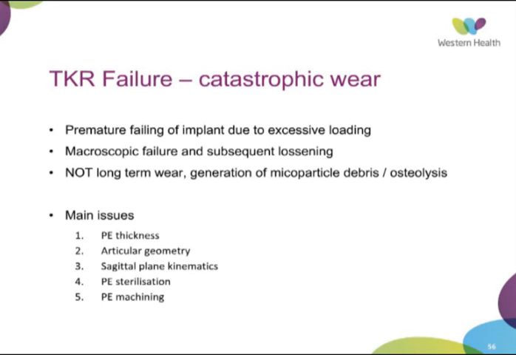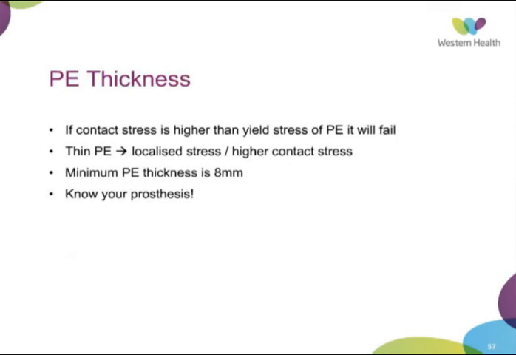And there's a few things that relate to this: the thickness of the polyethylene, the geometry of our articulation, sagittal plane kinematics, as well as in preparing the polyethylene, the sterilising and machining techniques. Very quickly, if our polyethylene is a lot smaller, if its thickness is quite low, then it's going to have higher stresses at the point of contact.